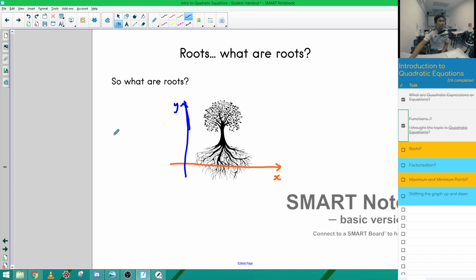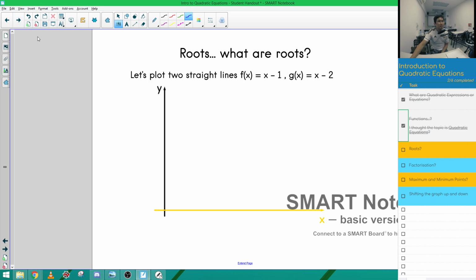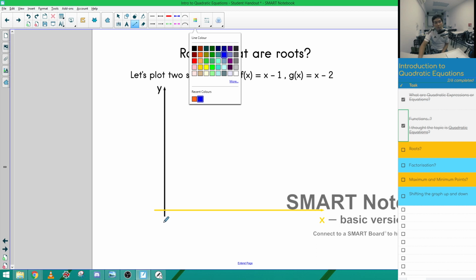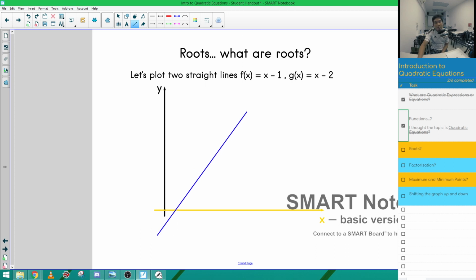Next, let's look at simple graphs. Let's look at one simple graph of f of x. How would you plot x minus 1? Let me bring out a straight line here. x minus 1 will look something like this. This is f of x equals x minus 1. You can go back and revise how to plot straight line graphs.